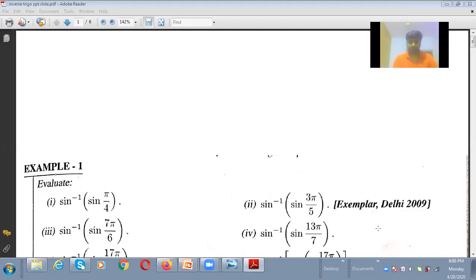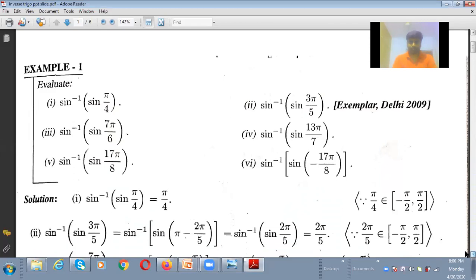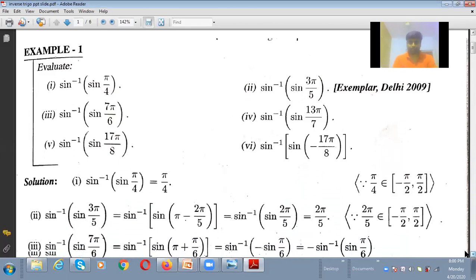See here, sine inverse of sine pi by 4. Now we are going to solve these problems, which are very easy. See here, 6 questions are given.